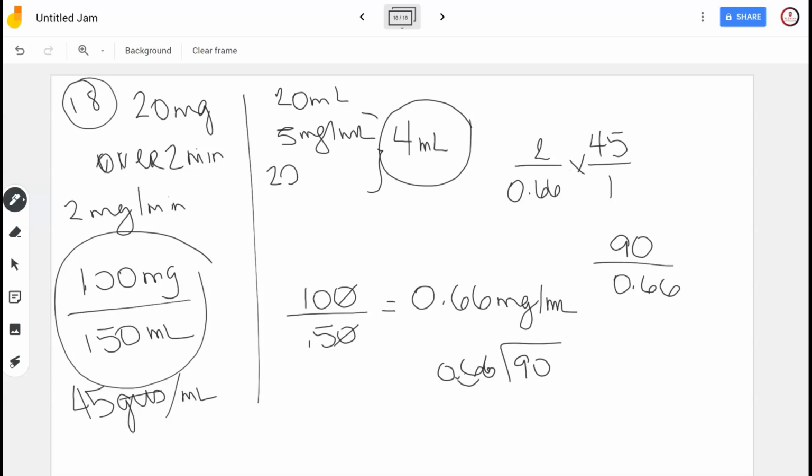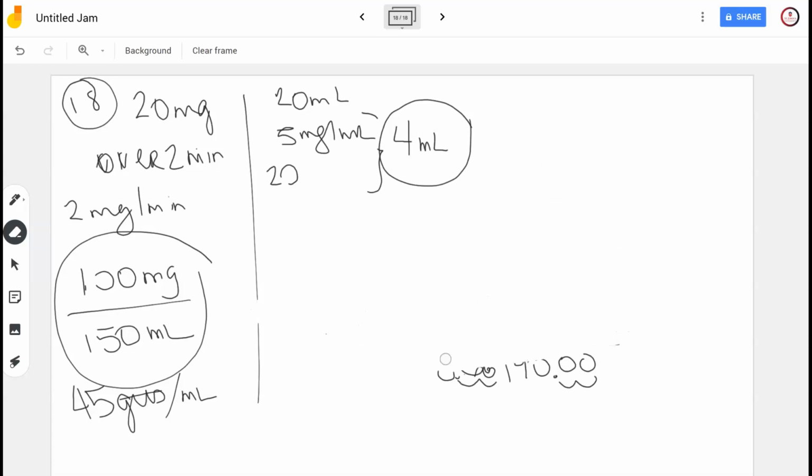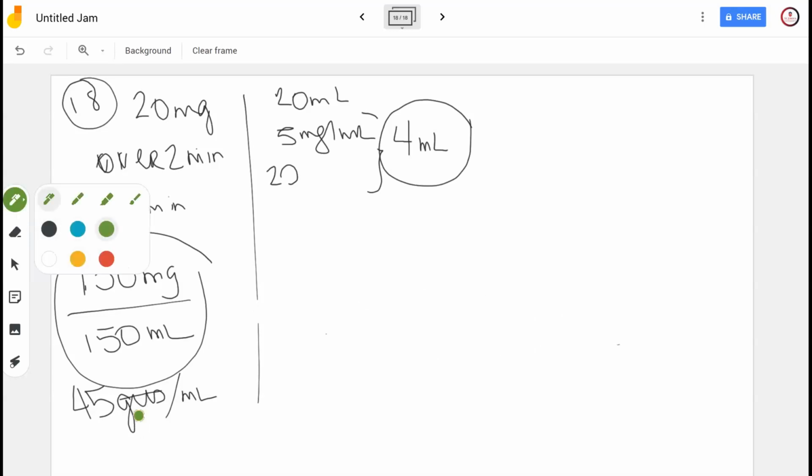So we move the decimal point over 2, move this decimal point over 2. So now it becomes, let's just clean this up a little bit. So after you move your decimal points, it becomes 66 into 9,000.